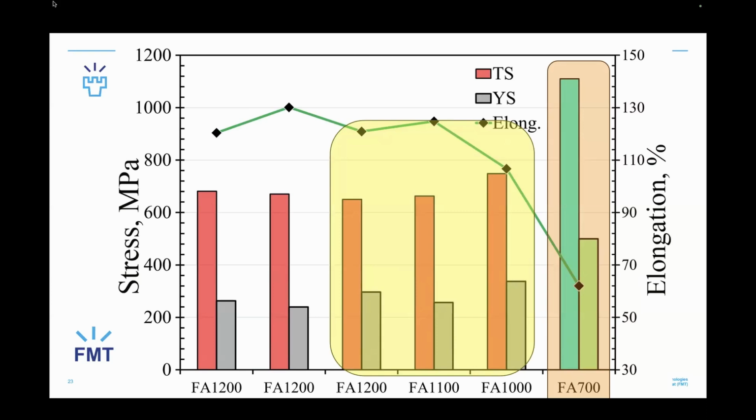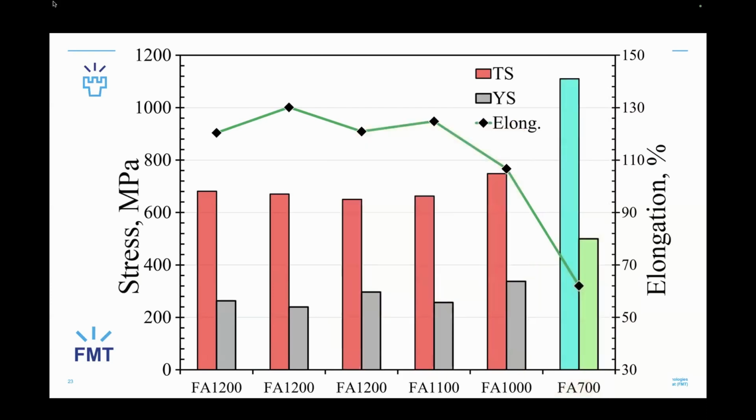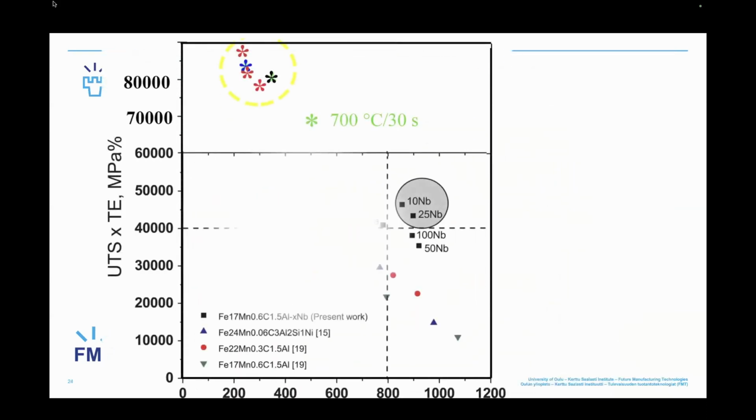So now we make a good comparison with other steels. This is an interesting map. We multiply tensile strength by the total elongation, and yield strength. For all these carbon steels from the references, in industry we normally multiply UTS tensile strength by elongation, and it should be about 40K.